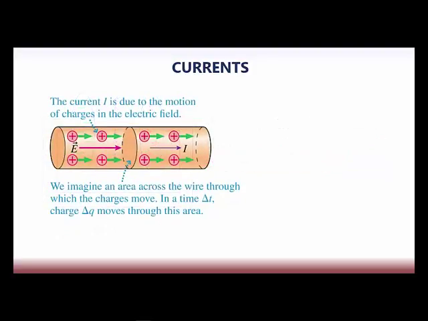Current is due to the motion of the charges, and so we can define current as the rate of motion of charges through an electric field. In other words, how many charges pass a given point in a given amount of time. The equation for current is I equals delta Q over delta T, where I stands for the current.